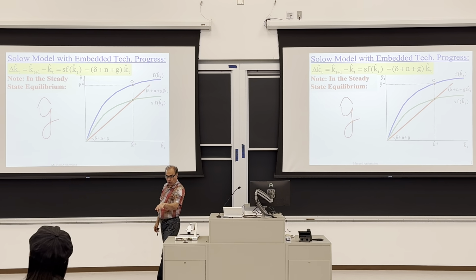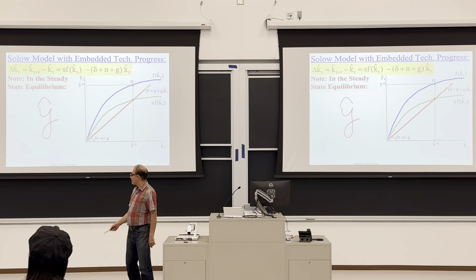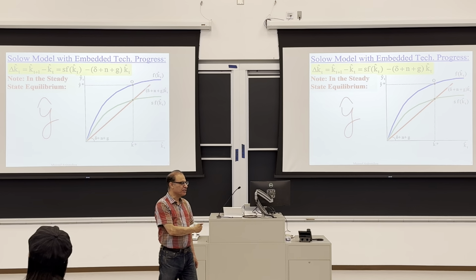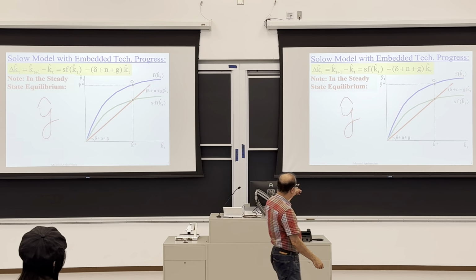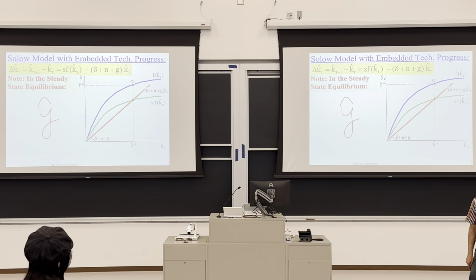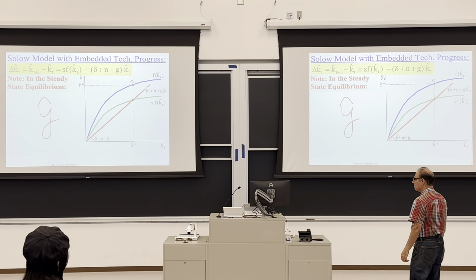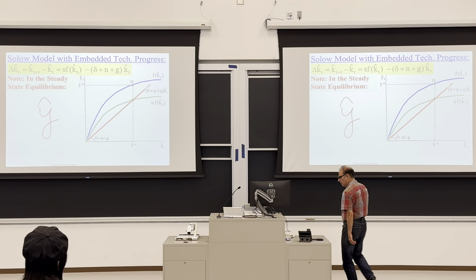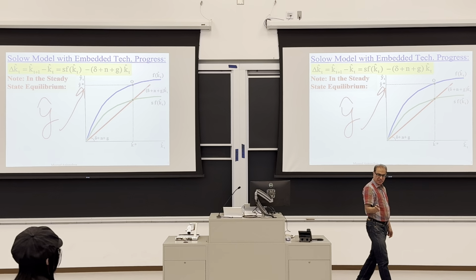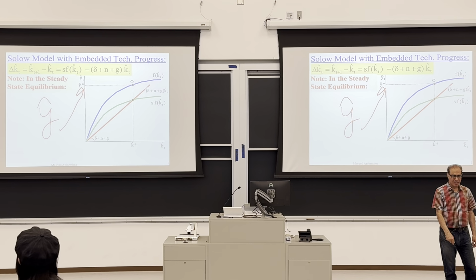Suppose I am at point O, what is the growth rate of y hat? This must be easy. Growth rate of y hat when I am at point O, steady state equilibrium. Y hat is fixed, so its growth rate is 0.